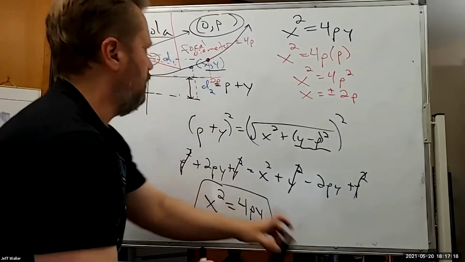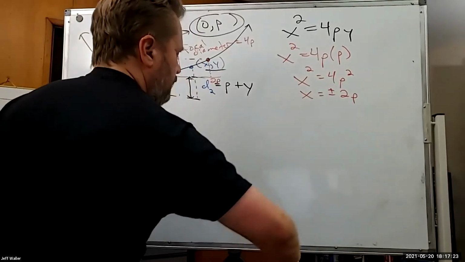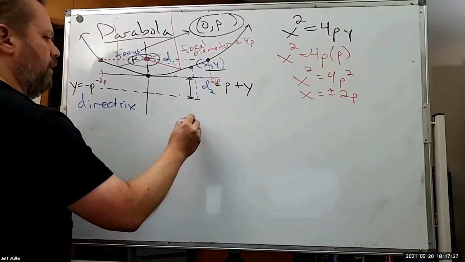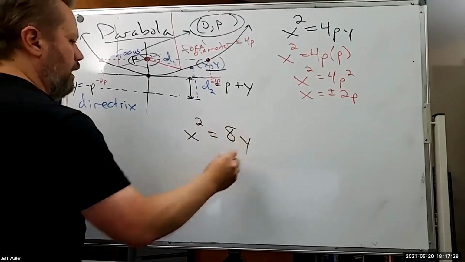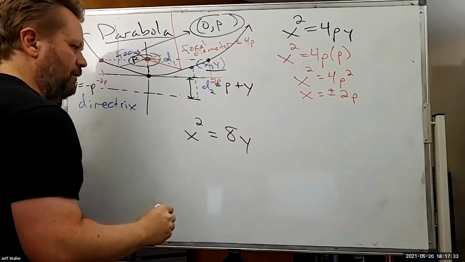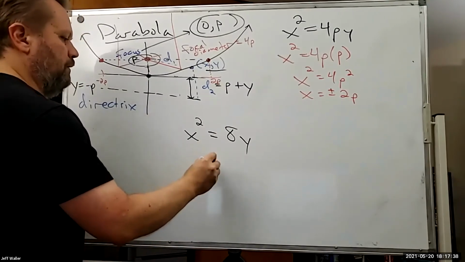So let's do a concrete example. Let's say I have x squared equals 8y. The most important thing to know is P. Can somebody tell me what P must be?